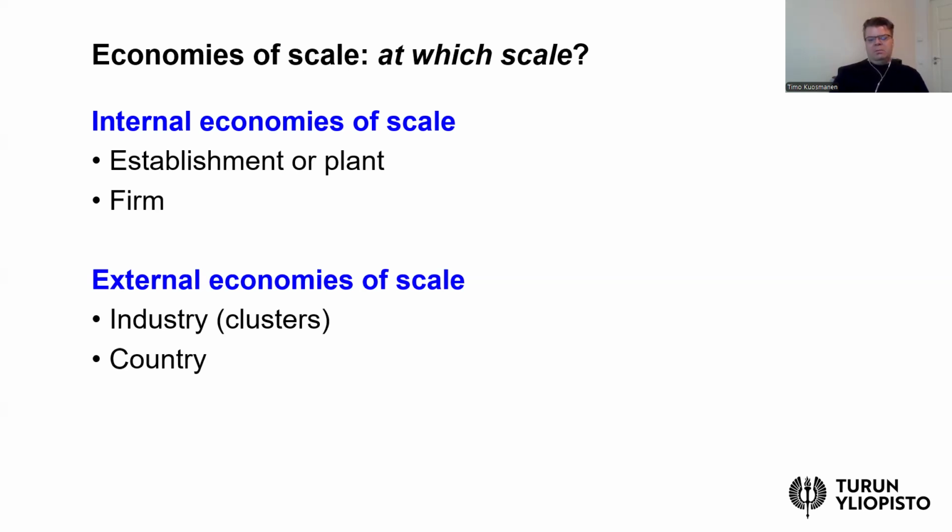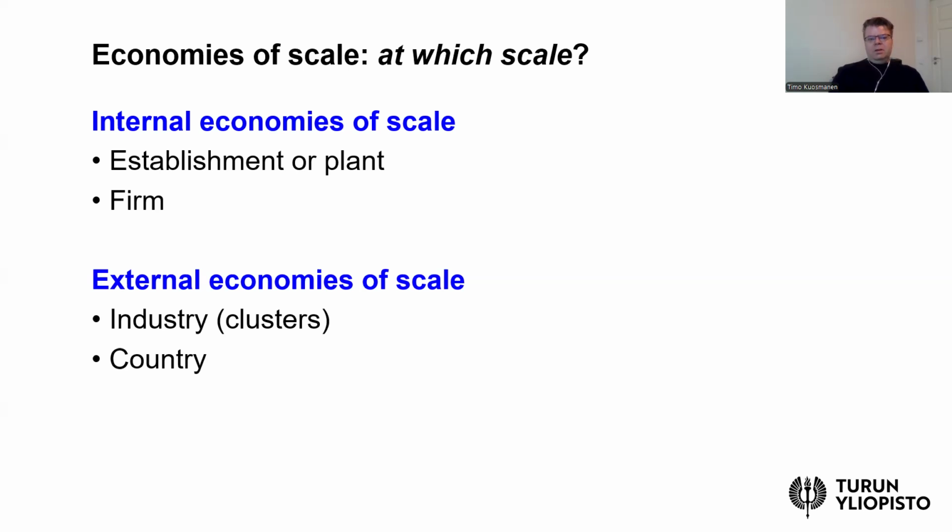So even if at the plant level there might be constant returns to scale, at the firm level there might still be economies of scale. Both the plant level and firm level are considered internal economies of scale, so they are internal to the specific firm.